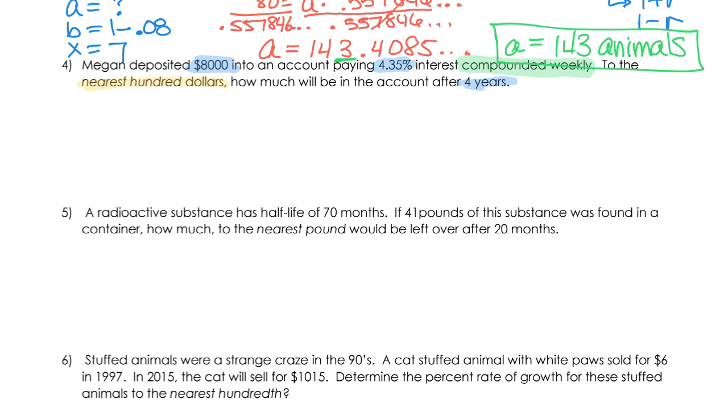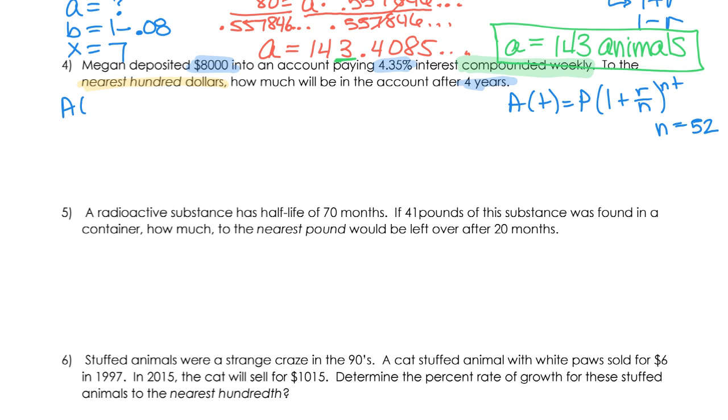All right, so because they said compounded weekly, that refers to the number n equal to 52, because there's 52 weeks in a year, and therefore that tells me I will be using our formula of A of t equals P in parentheses 1 plus r over n raised to the nt, where that n value for weekly is 52 weeks in a year. Okay.